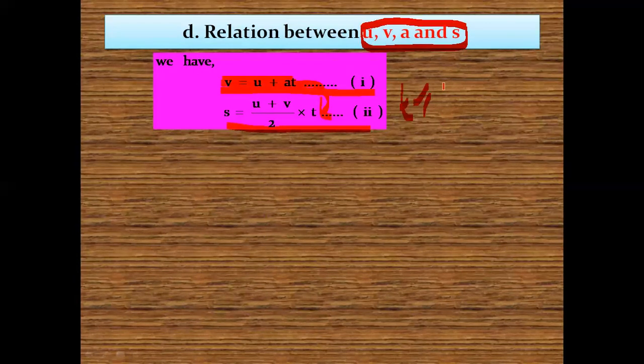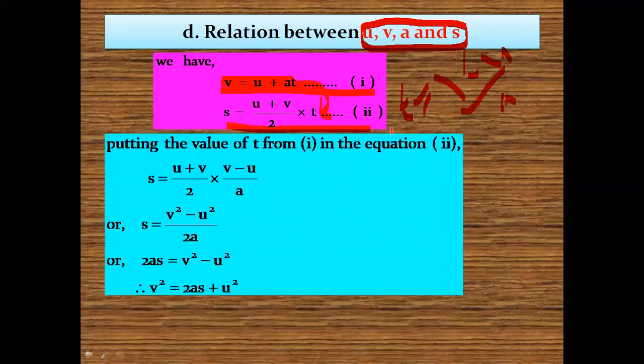The value of t from equation first is (v minus u) by a. That value is substituted in equation second.